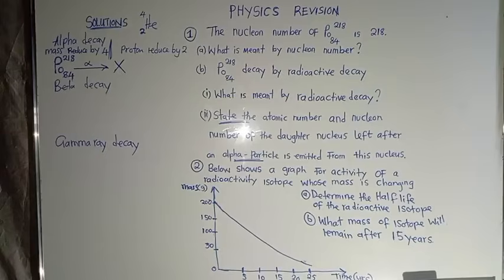You need to specify. You've said 214, so which one is which? If it is 214, you say mass number 214. You specify exactly. You know that the mass number reduces by 4 and the proton number reduces by 2. So the proton number is 82.